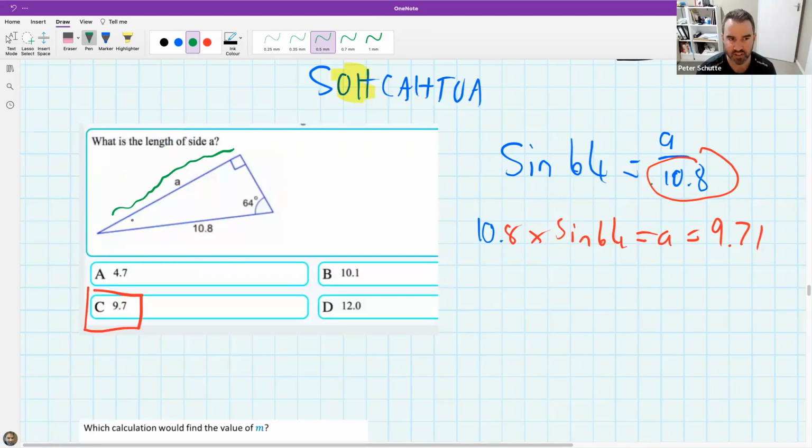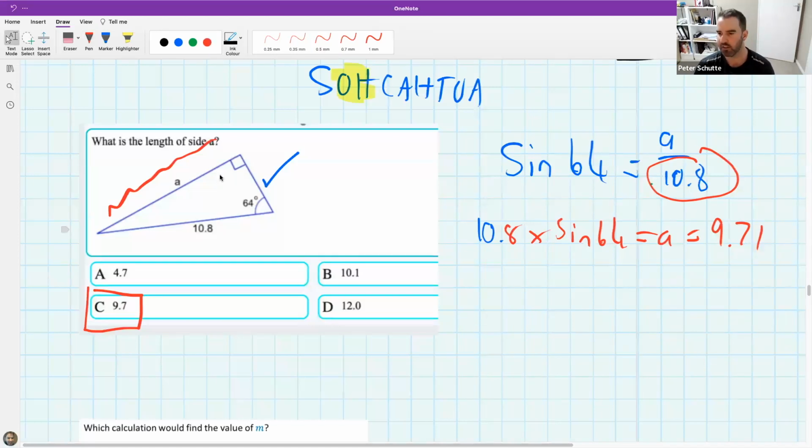We could find this angle over here. We could go 180 minus 90 minus 64 and get that. But we wouldn't be able to use Pythagoras because Pythagoras needs 2 sides. We would have needed another side before we could have used 2 sides to work out the third side. So that's why we had to use that.